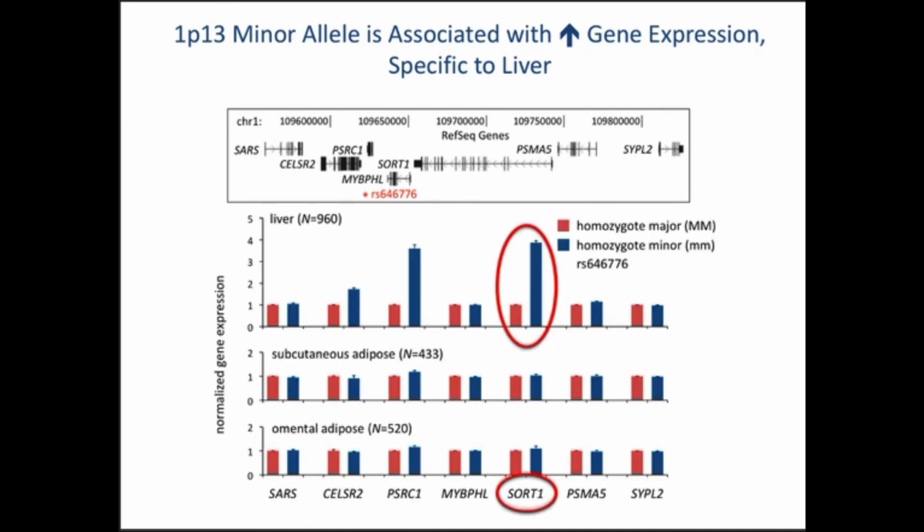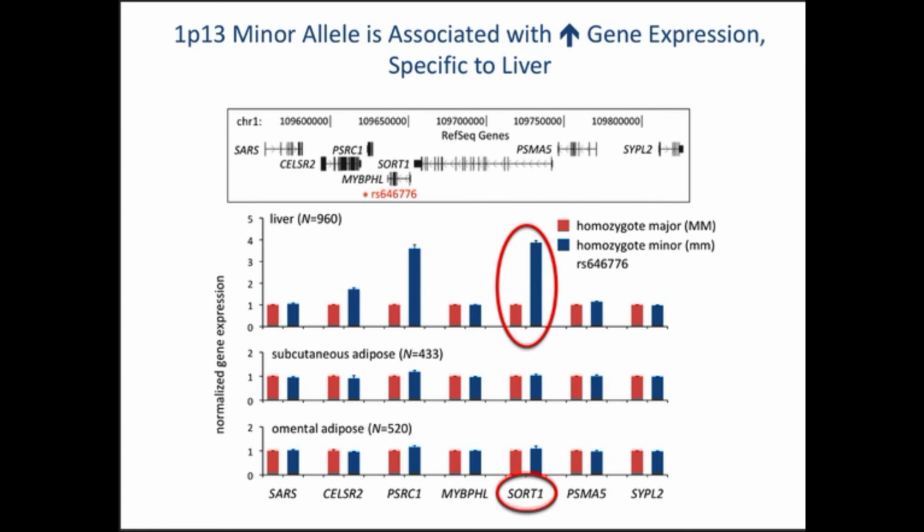What was cool about that is we could take the homozygous major genotype or minor genotype and ask, does gene expression change in any of those tissues? In the fat, nothing changes. We don't see any genotype-specific expression change at this locus, but in the liver, 3 different genes change specifically with the minor allele, where we know there's some sort of effect here.